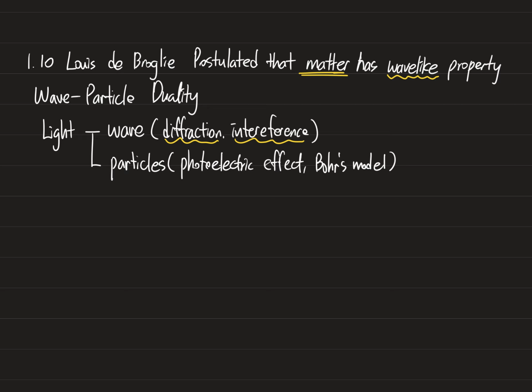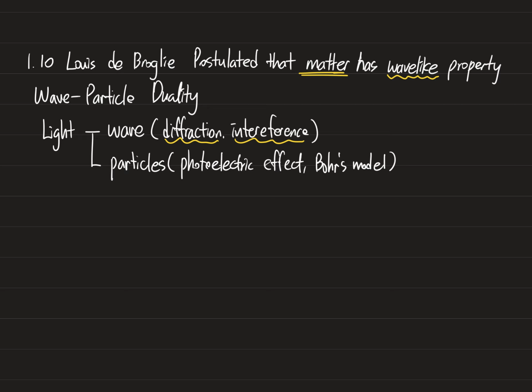In our macroscopic world, we feel more comfortable: matter is matter, particles are particles, waves are waves. That is our thought in the macroscopic world. So if someone says, your cell phone behaves like a wave, then you might think this guy is a little bit awkward.